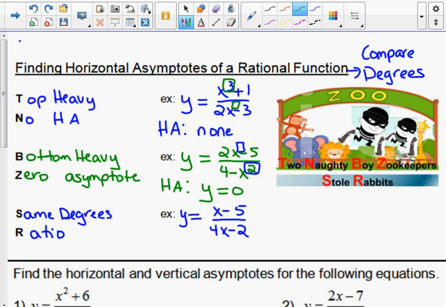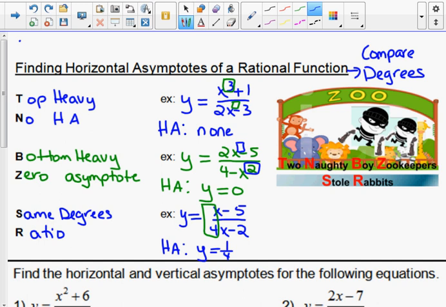Since it's an x and a 4x, those are the big terms, the terms with the highest degree. We're going to use those to come up with our ratio. The numbers in front of them give us the horizontal asymptote. There is no number in front of the x, so when that happens, we use a 1 in its place. Since there's a 4 in front of the x in the denominator, that gives us the number that we put in the denominator for this ratio. So the horizontal asymptote for the third example is y equals 1/4.